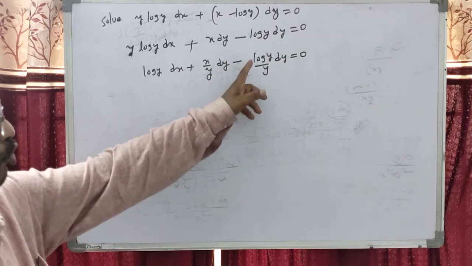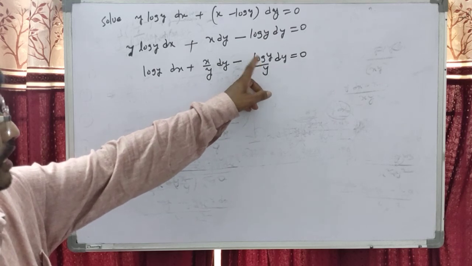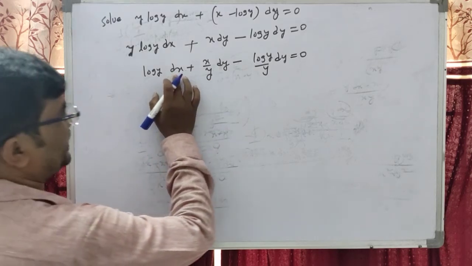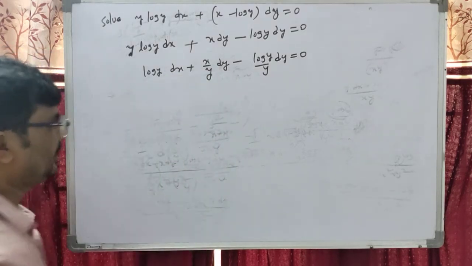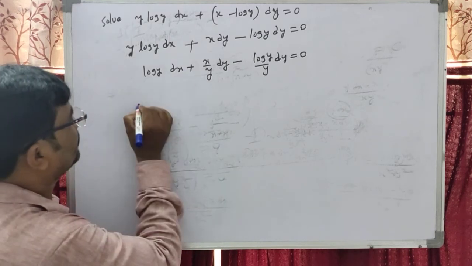Everybody knows we have to find the integral of this one. Then you can take log y as t, 1 by y dy is dt. This is t square by 2, that is nothing but log y whole square by 2. What about this? dx is there, dy is there. My dear students, when you observe, these are the first two terms.